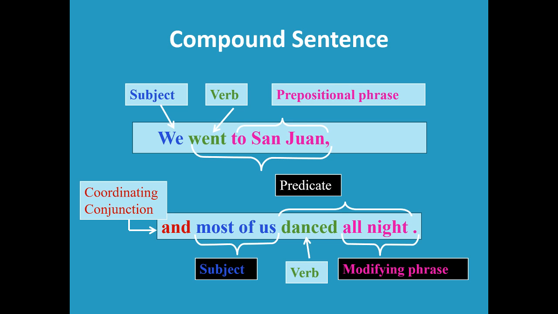We went to San Juan and most of us danced all night. Now here, as you can see, the second independent clause also has a subject, most of us, and a verb, danced all night, modifying phrase.